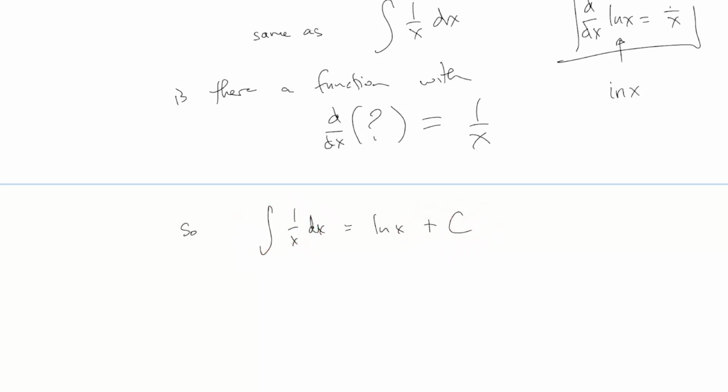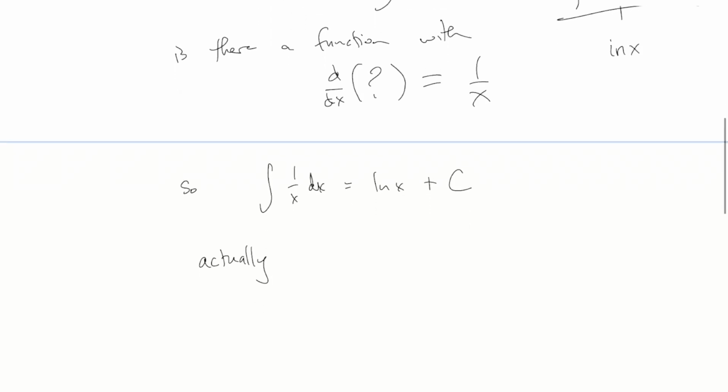The way around this is, if you recall, the derivative of the natural log of the absolute value of x equals 1 over x.